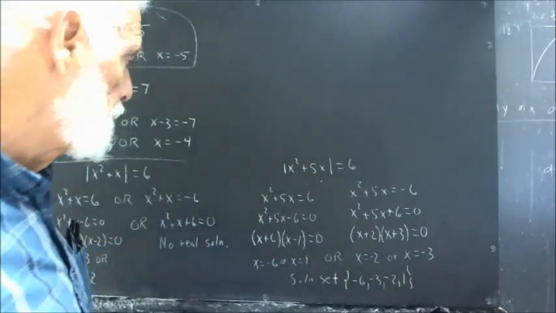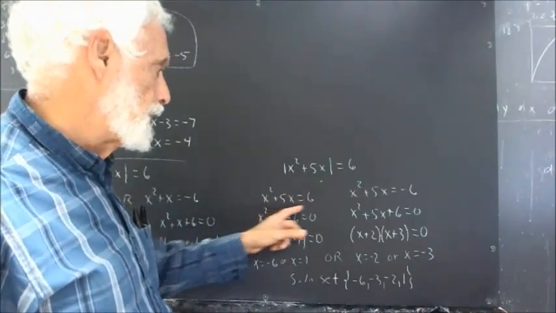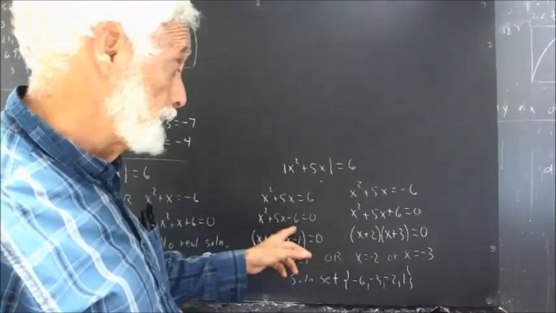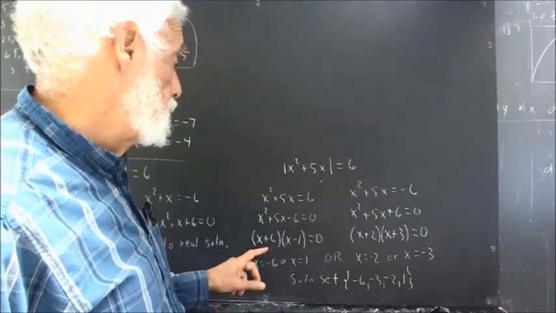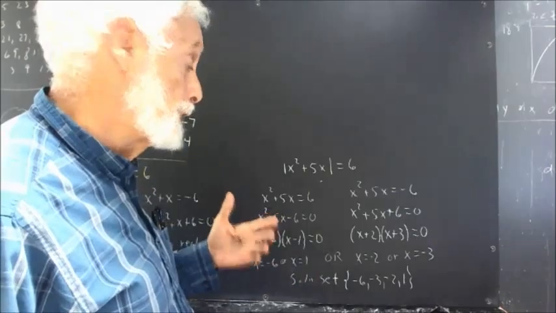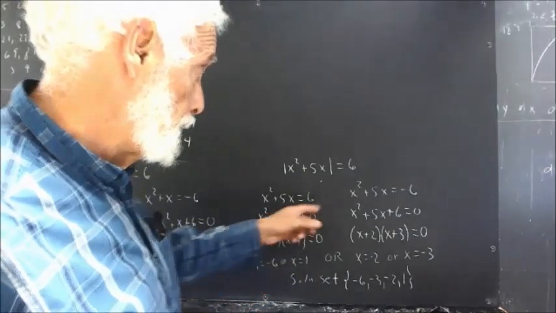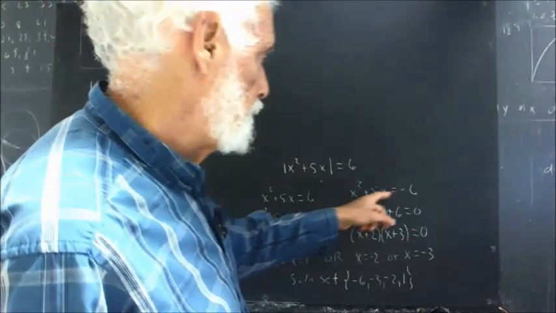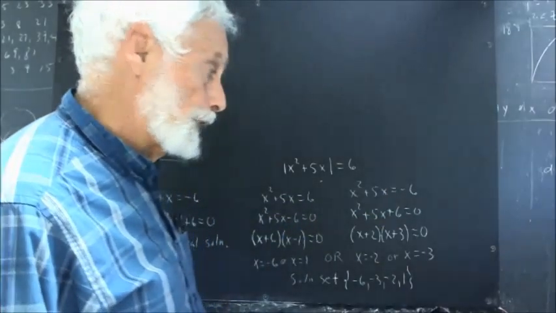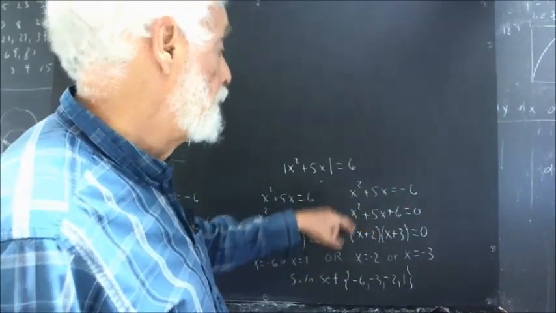So x squared plus 5x equals 6 rearranges into x squared plus 5x minus 6 equals 0, which can be factored: x plus 6 times x minus 1 equals 0. Over here, x squared plus 5x equals negative 6 rearranges to x squared plus 5x plus 6 equals 0.